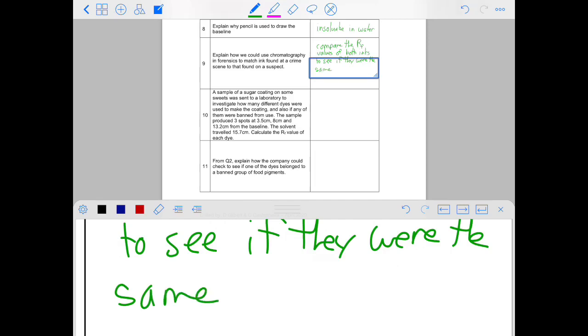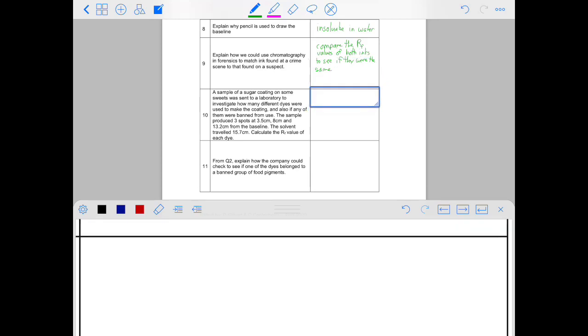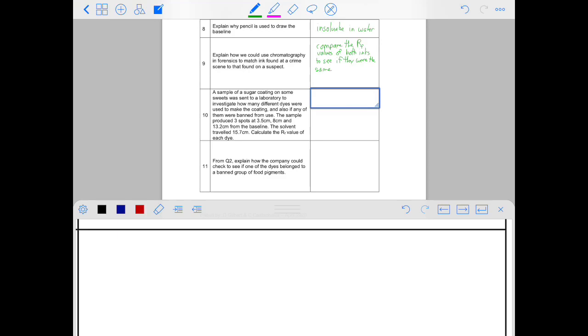So you could either compare the RF or you could compare the actual chromatographs, which is the paper you're left with after you've run the chromatography, to see if they were the same.